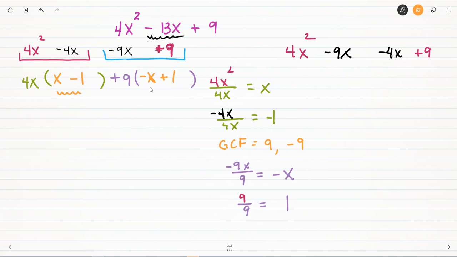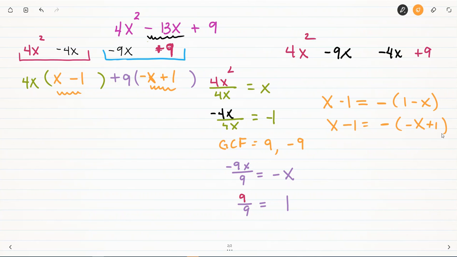This x minus 1 doesn't match up to the opposite of x plus 1. You might notice that those are opposites. What I mean by that is x minus 1 is the opposite of 1 minus x. Which is the same as the opposite of x plus 1.